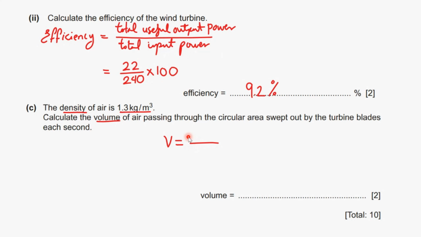We know the mass from the first part of section A. So the volume equals the mass divided by rho, which is the symbol of density. The mass is 7.5 divided by 1.3, the 1.3 for the density and 7.5 for the mass, which equals 5.8, and the unit, which is cubic meter.